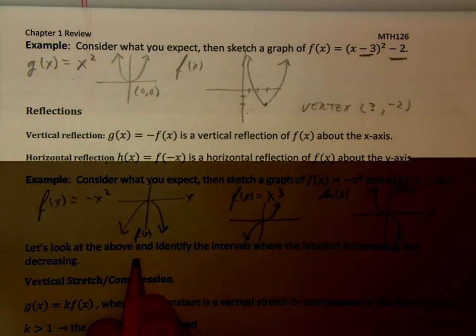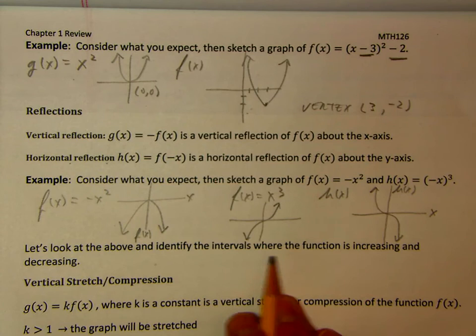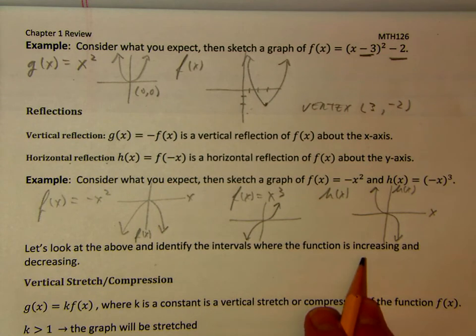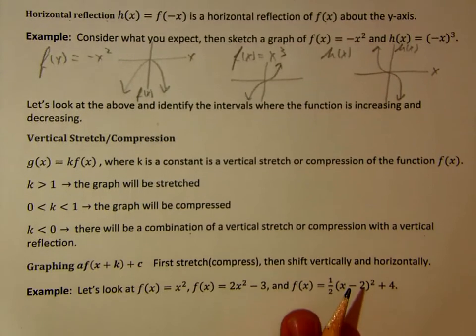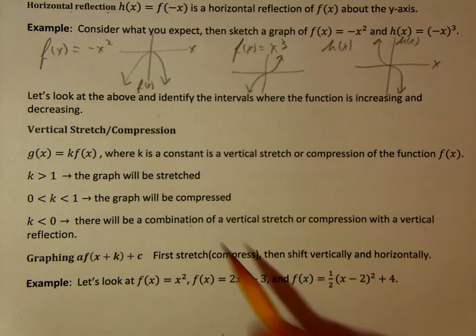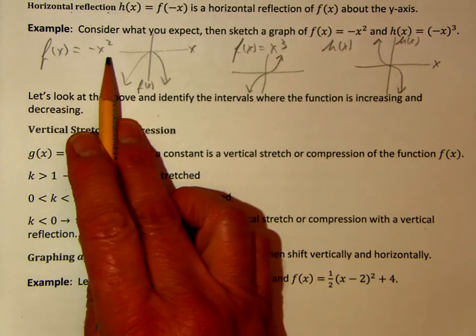Let's look at the above and identify the intervals where the function is increasing and decreasing. So we're just going to focus on a couple of these. Let's look at f of x equals negative x squared.